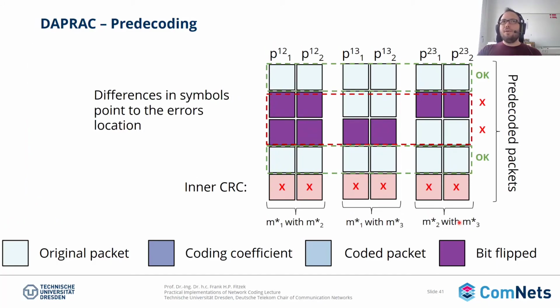So now, again, PRAC is all about reducing the search space of your brute force technique. In this case, the search space is reduced by checking where these symbols agree. So this symbol is equal to this symbol, and this symbol is equal to this symbol.